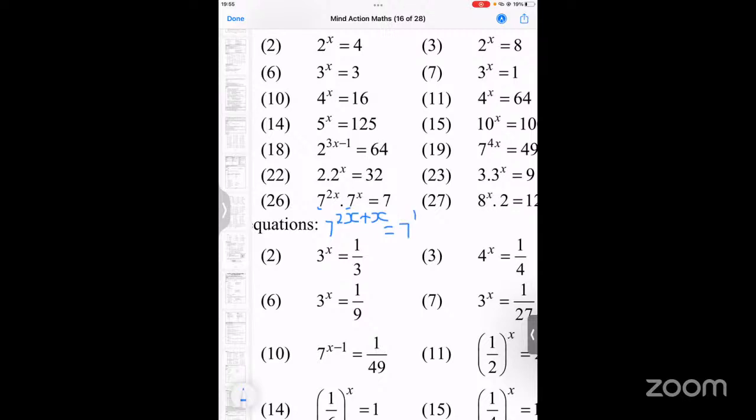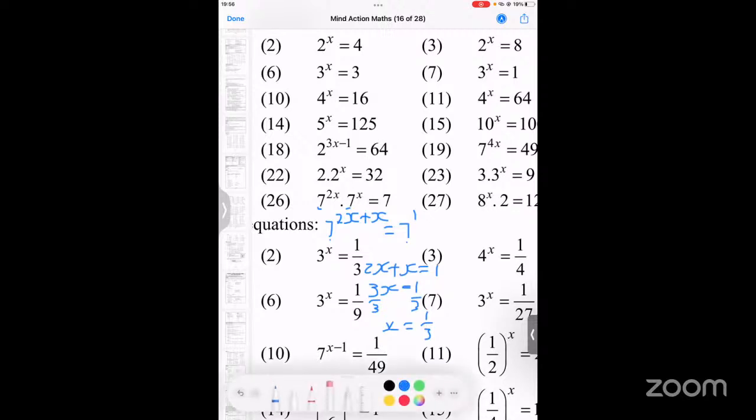Remember, you have an invisible 1 there. So now that the bases are the same, you can equate the exponents. You have 2x plus x, which is equal to 1. So this is the same as 3x equals 1. Divide by 3 both sides. x is equal to 1 over 3. Did you guys see?